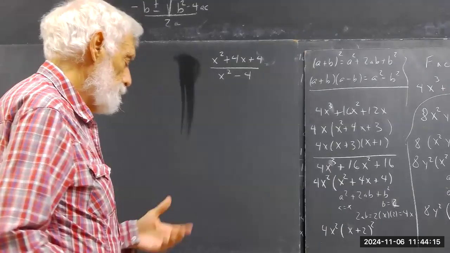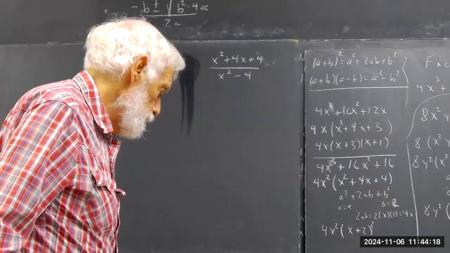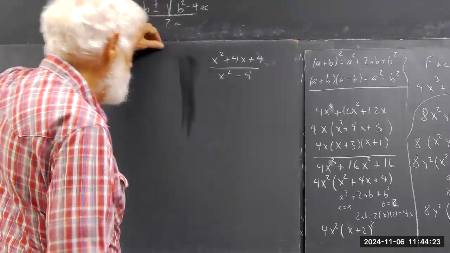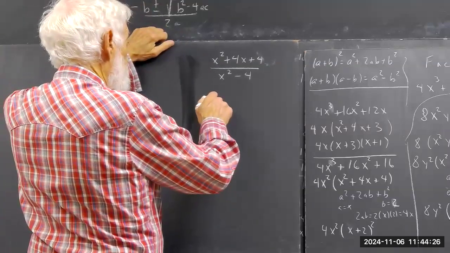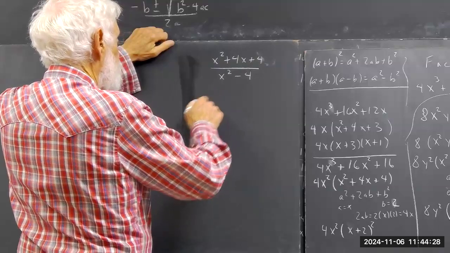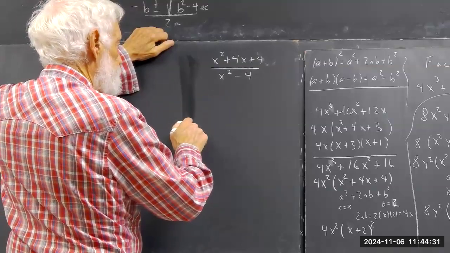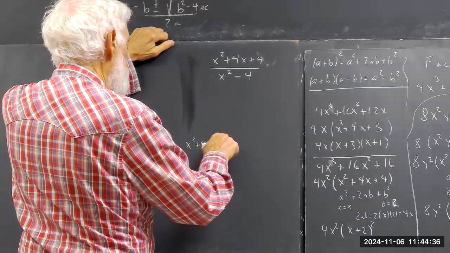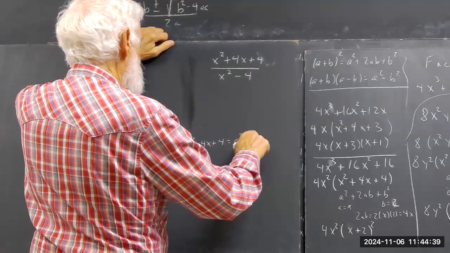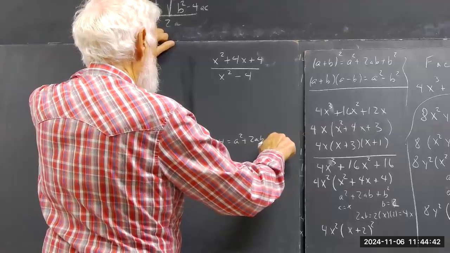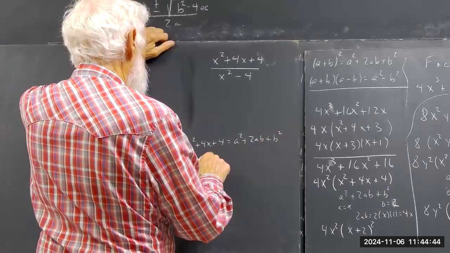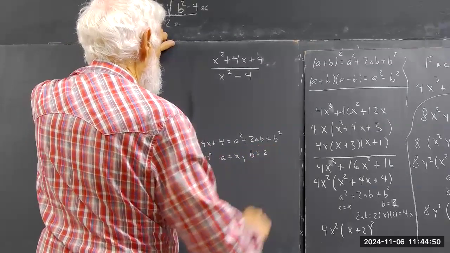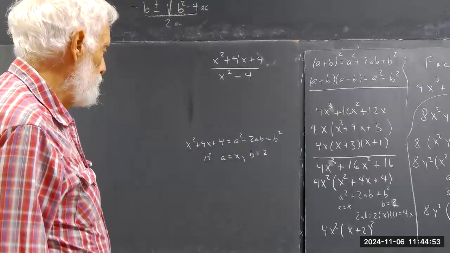In pre-calculus class, we would give that a function name, and you see that when you get to pre-calculus. Okay, so x squared plus 4x plus 4 is what? Well, a equals x and b equals 2.